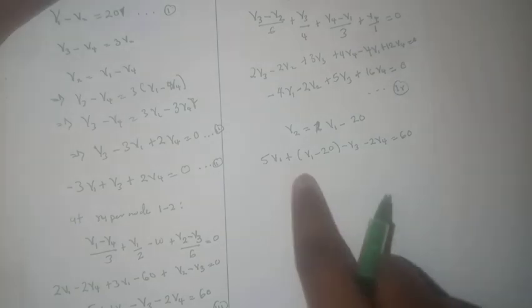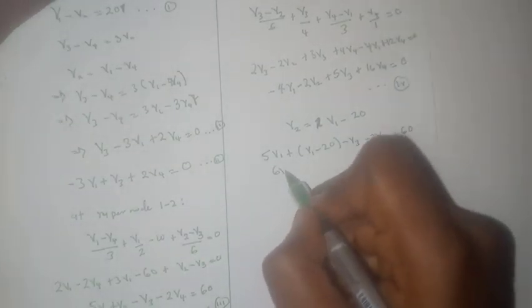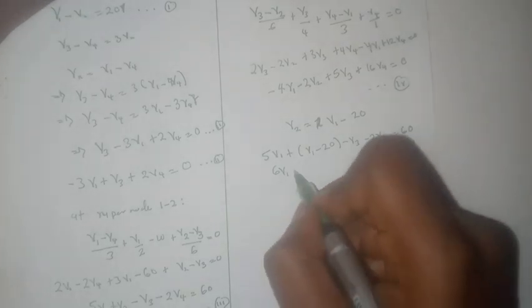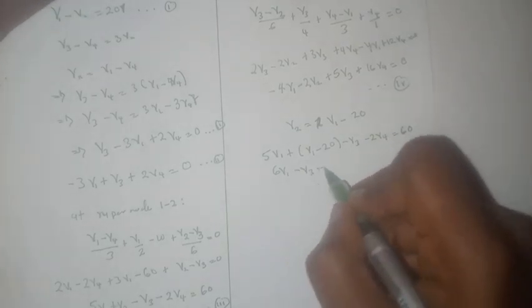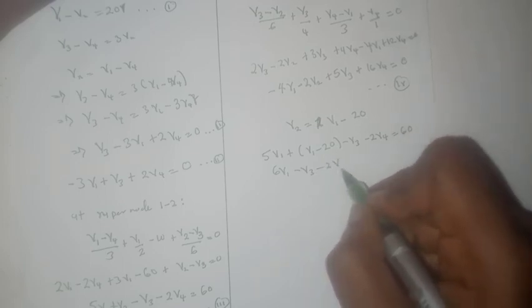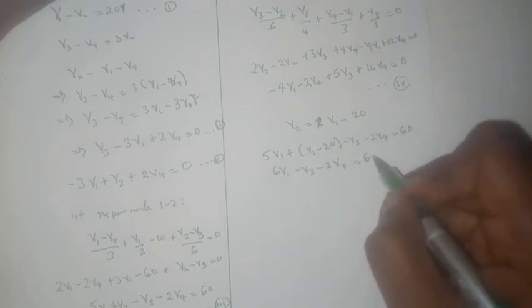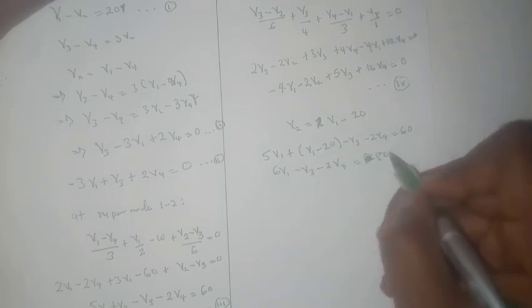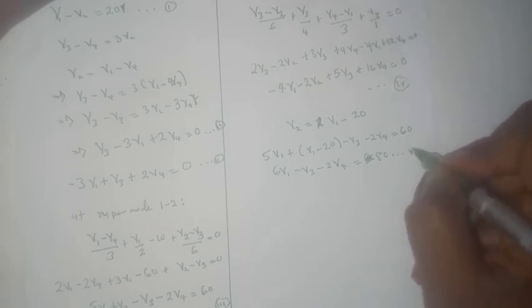Expanding this, we would have 6V1 minus V3 minus 2V4 equals 80. Let's call this our fifth equation.